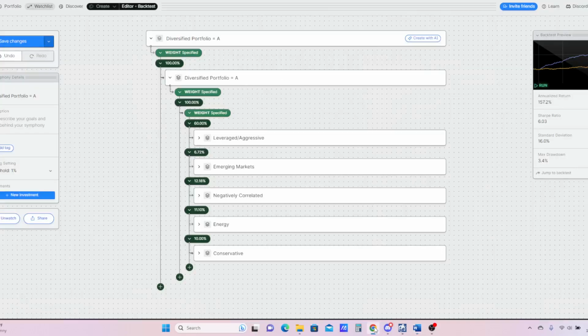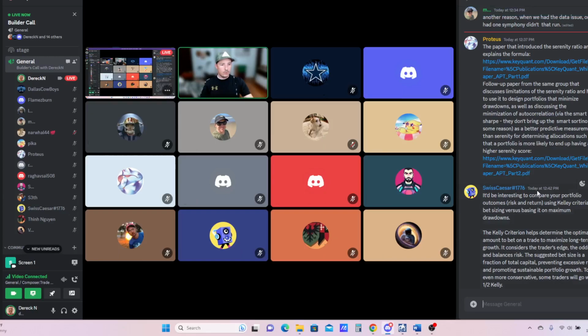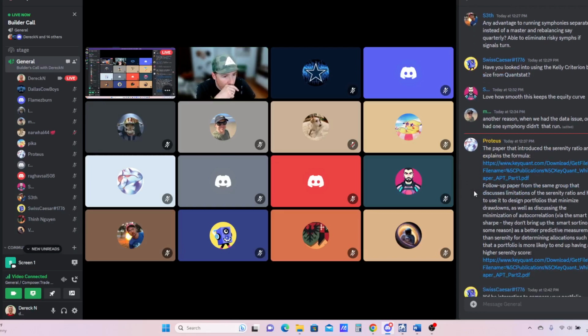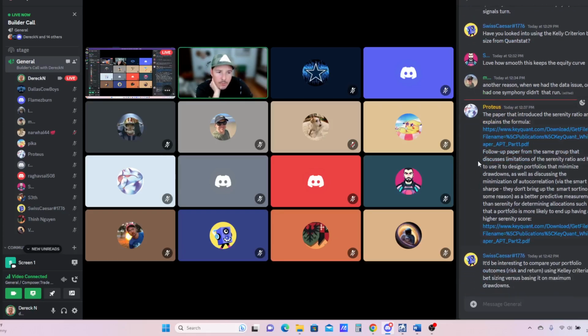Here, let me check the chat real quick. Paper that introduced the Serenity ratio and explains the formula. Okay, cool, sweet. Follow-up paper from the same group that discusses limitations of the Serenity ratio and how to use it to design portfolios that minimize drawdowns, as well as discussing the minimization of autocorrelation via the Smart Sharpe.